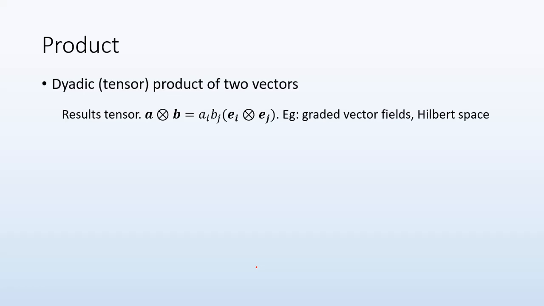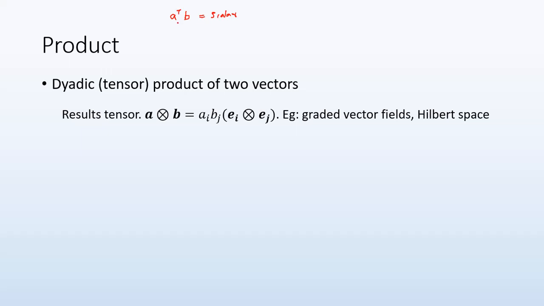So we are stepping into another step, that is a dyad or a tensor product. Hope you have understood what we have said about the scalar product, that is the dot product. In case of dot product, in matrix what we do is we take the transpose of the first vector, multiply it with the second vector, so that our answer is a scalar.